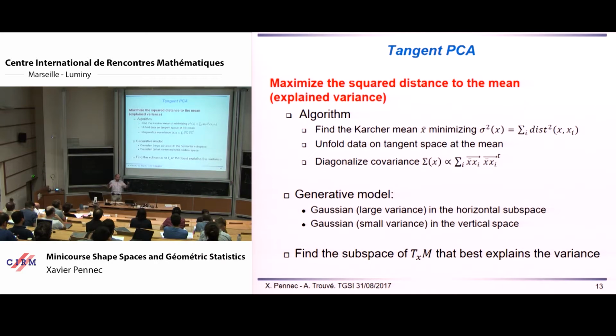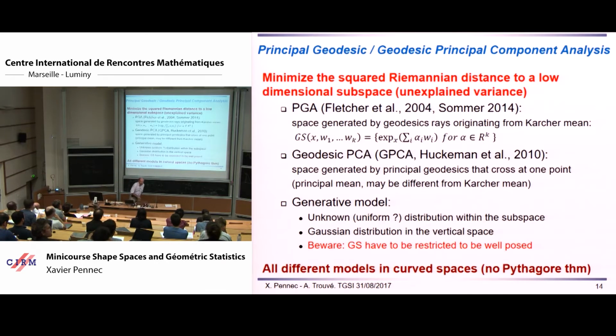In order to handle larger distributions, there was another proposition: instead of maximizing the explained variability, we want to find a subspace that minimizes the unexplained variance. So we want to explain the maximum information. Since we measure things in terms of variance, we want the subspace that minimizes the sum of squares of the residues. Okay? So this can be done if we have a subspace on manifolds.